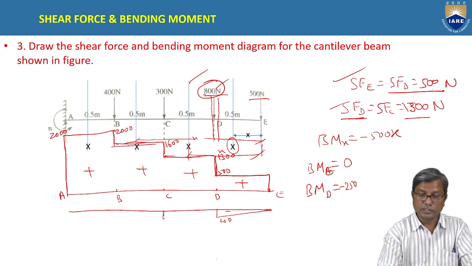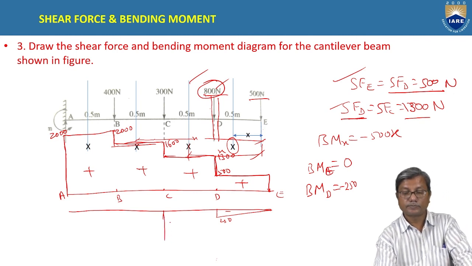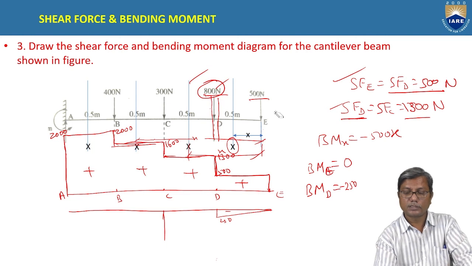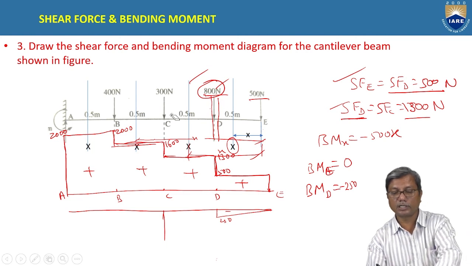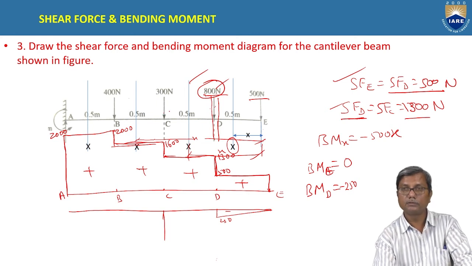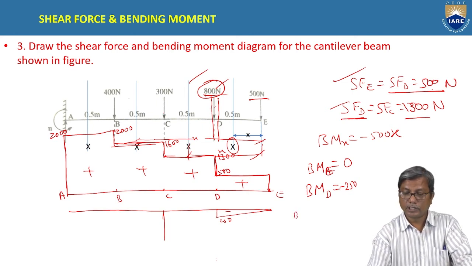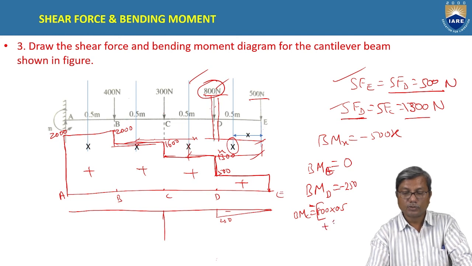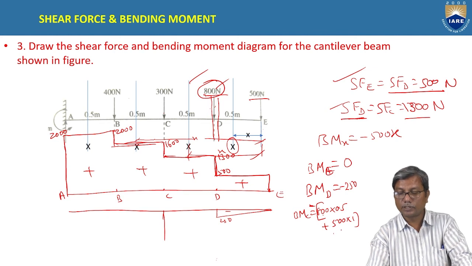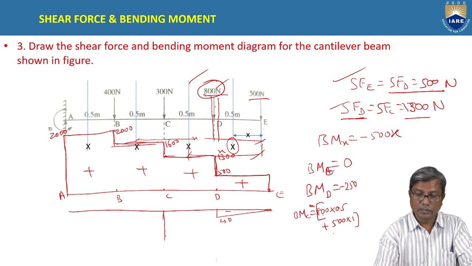Similarly at C, if you consider, what is the bending moment at C? The variation is linear. So you calculate the bending moment at C considering right hand side. So 800 into 0.5, okay, bending moment at C is 800 into 0.5, this is negative bending moment actually, plus 500 into 1. So total is 400 plus 500, that is 900.